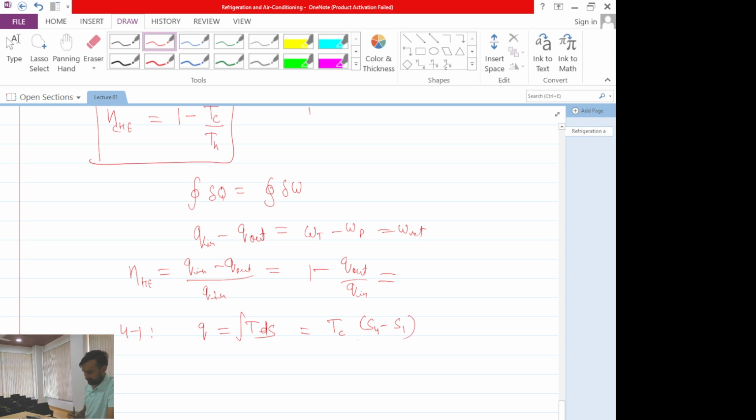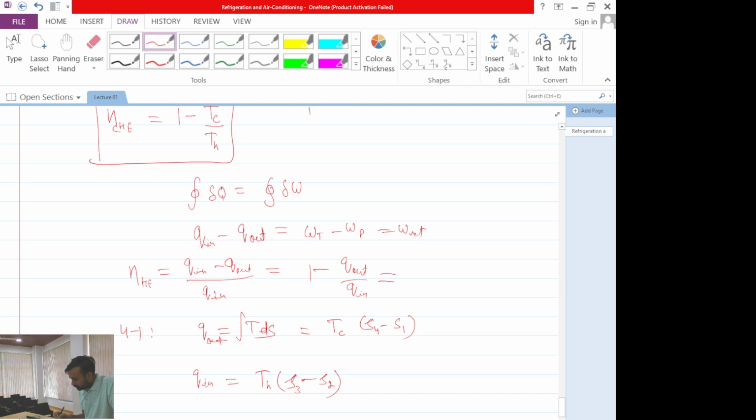So this is my Q out. Similarly, Q in will become equal to Th into s3 minus s2. I am writing small s because I am using per unit mass.